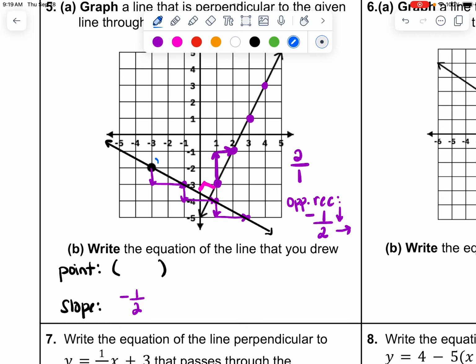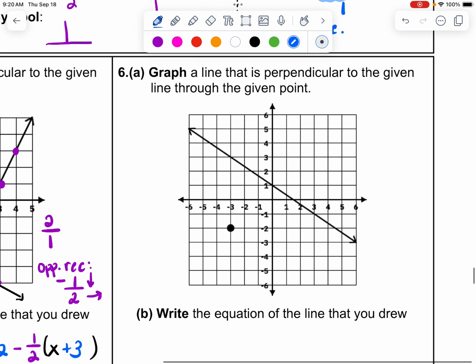The starting point is the point that I gave you to draw through. So (-3, -2). And then we can put those together to make an equation. y equals negative 2 minus 1/2, because the slope goes next, parentheses x, and then plus 3, because the x is always the opposite of the number you started with.